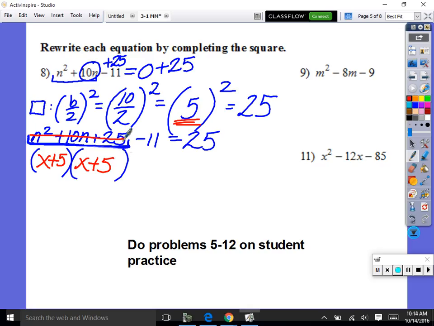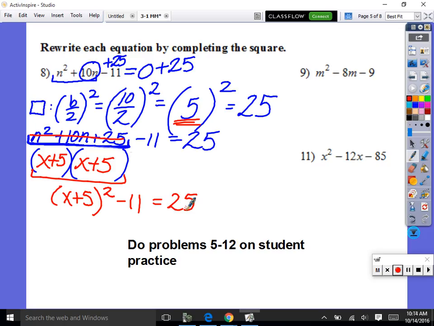Okay, and then we still have, so now I'm going to actually rewrite that. We know we can rewrite this as x plus 5 squared, right? Everybody good so far? And then we still have minus 11, and then we have equals 25. So now it says rewrite each equation by completing the square. We're almost done, we have one last step.